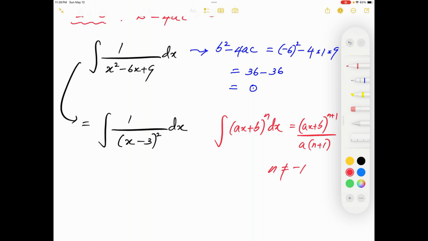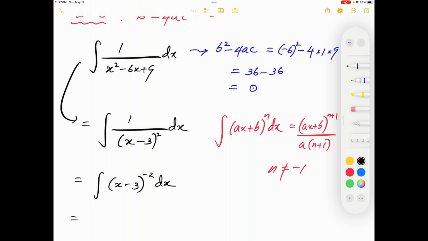But in this our example, n is not equal to negative 1, because we can rewrite this given integral if necessary as integration x minus 3 raised to the negative second power dx. In that case, our n is equal to negative 2, not negative 1. Therefore, I can go ahead and use the result right here. So let's go ahead and do that.